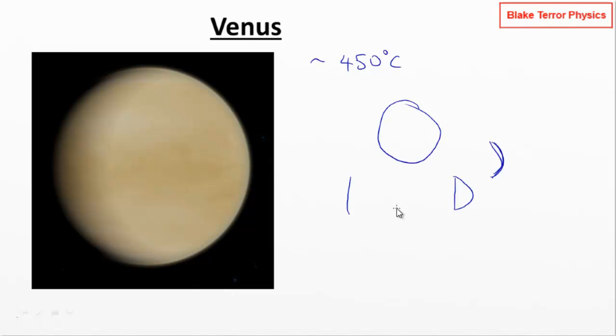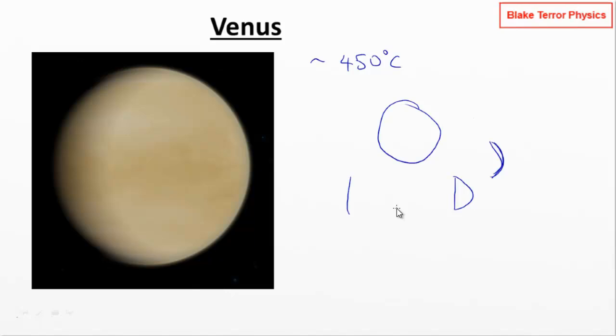If you could see under the clouds, as some satellites have looked under there, and things have gone down and looked on the surface, it's mainly volcanic plains. You've got ridges, you've got craters, highlands, things like that. There's no plate tectonics. It's got a surprisingly weak magnetic field, considering that it's so similar in size to the Earth.